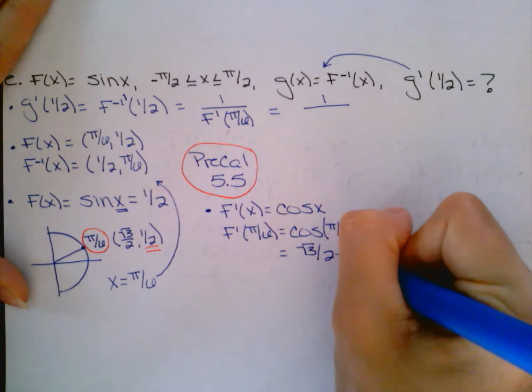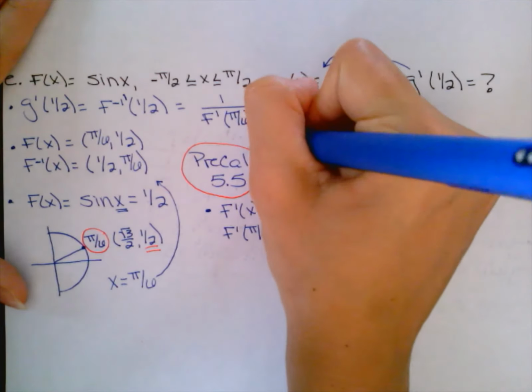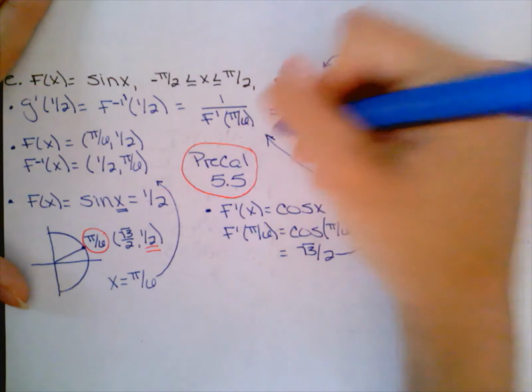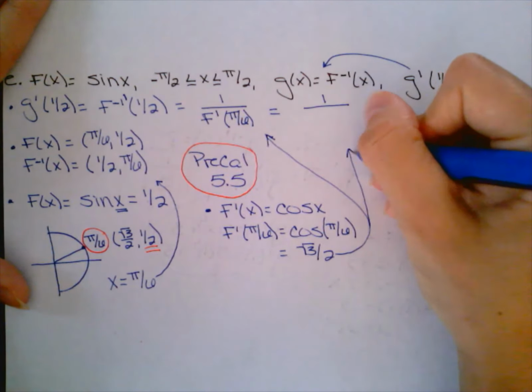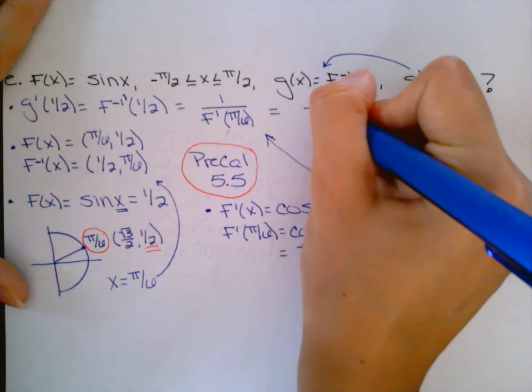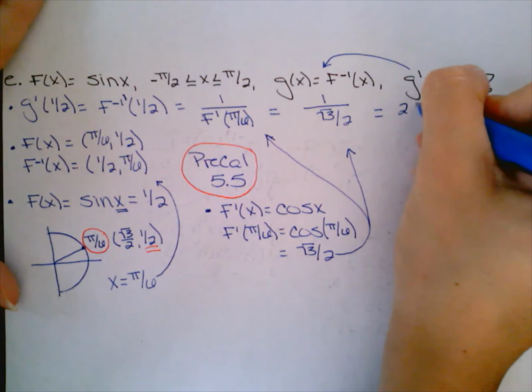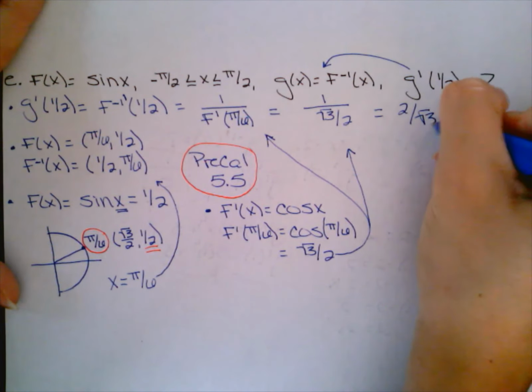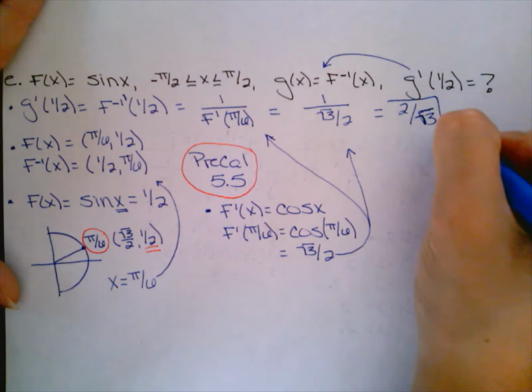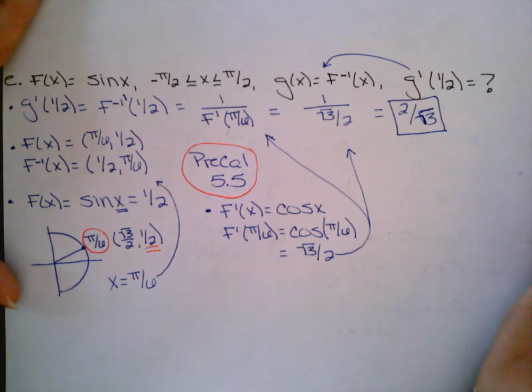Okay? So if that is what f prime of pi over 6 is, then that's what's going in my denominator. And 1 over a fraction just gives you the reciprocal, 2 over radical 3. If this is a free response question, you can stop right there. If not, they might ask you to rationalize.